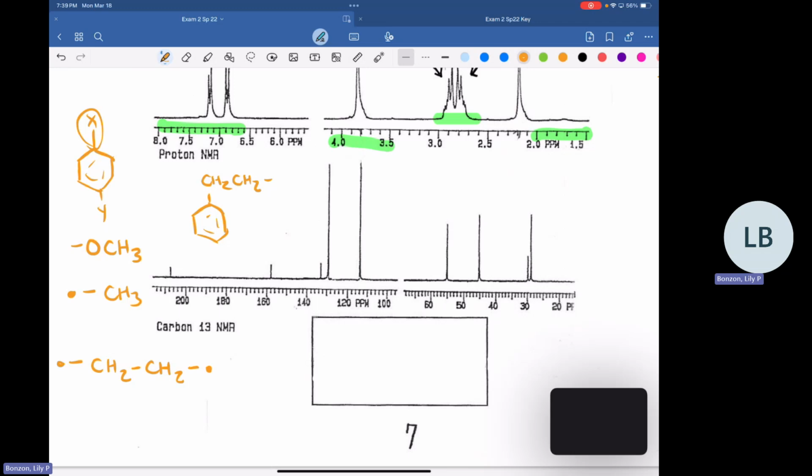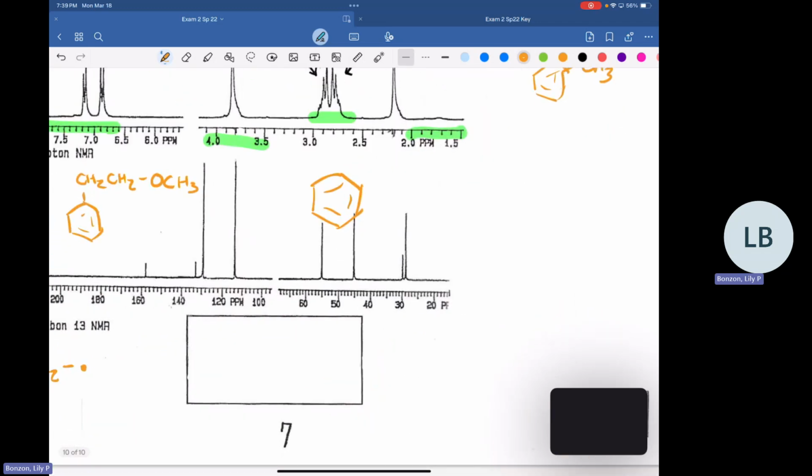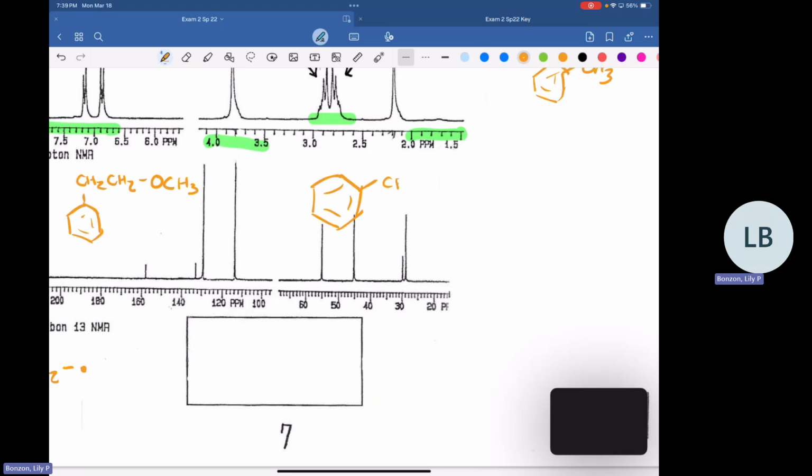On our right side, we're going to have something that doesn't have any hydrogens. So we could either do our OCH3, or we have a carbonyl carbon, remember. So we could do this. Okay.